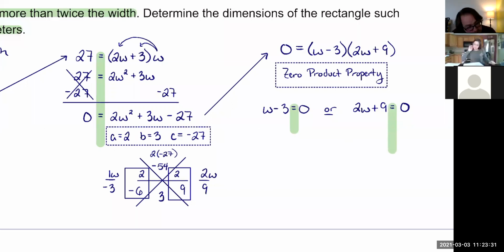How would you solve the first? Add 3 to both sides. Eliminates from the left, we end up with w equals 3. What about the second one? Subtract 9 from both sides.